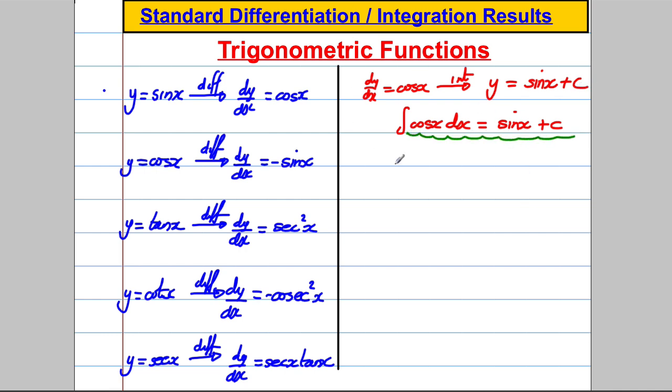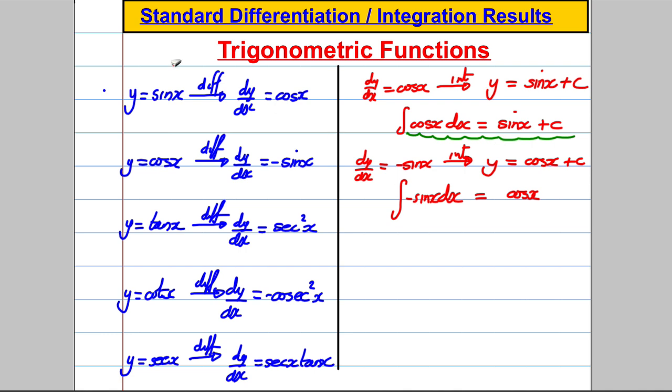Okay, so if I had dy by dx was equal to negative sine x and I integrated this, I would get that y is equal to cosine x plus a constant.